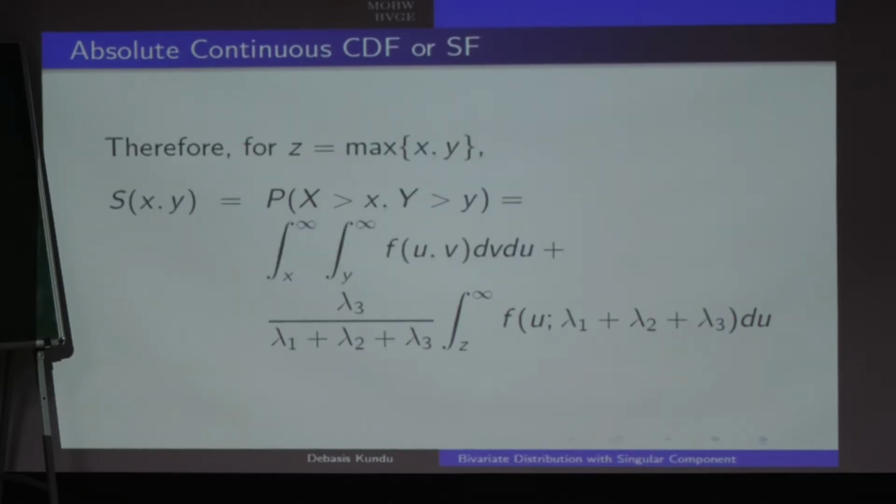Now I'm going back to my survival function S of xy, which is probability x greater than x, y greater than y, the first one you have already seen. But I have the second one, which is probability x equal to y greater than a, which is this quantity.